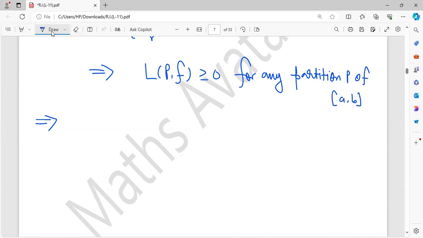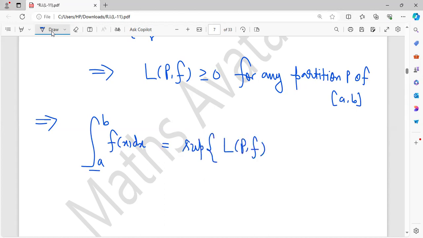So this implies the lower integral is equal to the supremum of L(P, f), where P is a partition of the closed interval.